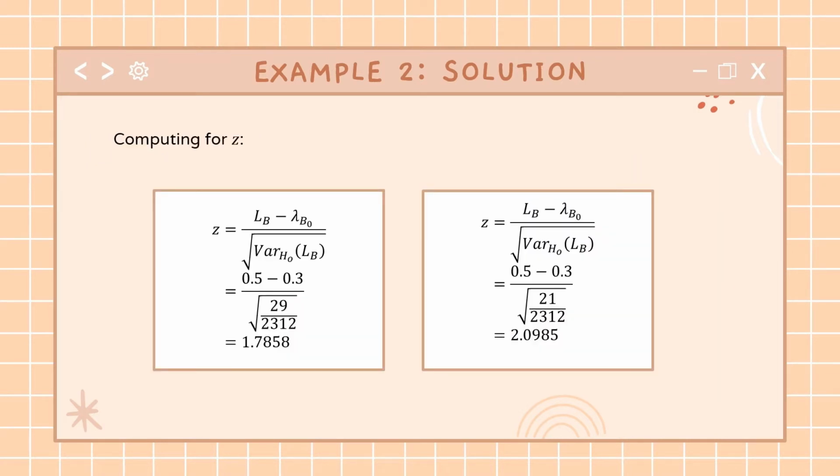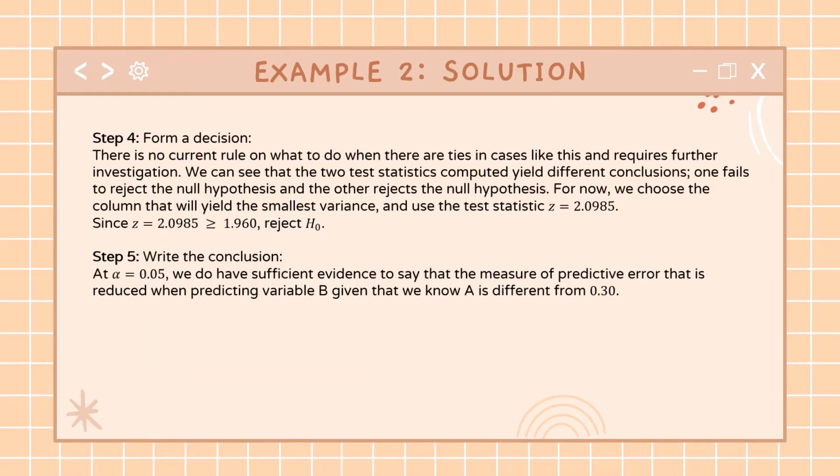Then, we now compute for z's, and we have z to be 1.7858. Ito yung kapag kinonsider natin yung second column versus yung isa naman na kapag kinonsider natin yung third column, ang lalabas ay 2.0985. To form a decision, since there is no current rule on what to do when there are ties in cases like this, it requires further investigation.